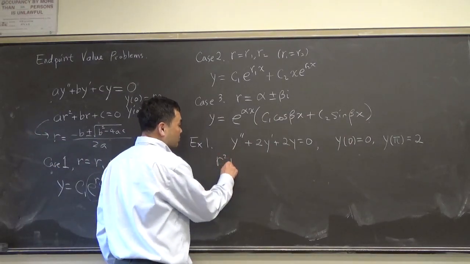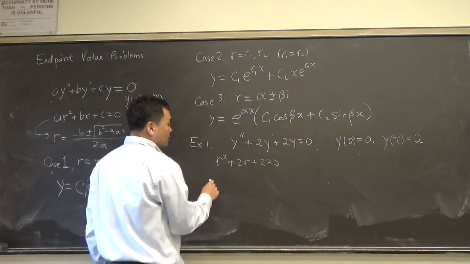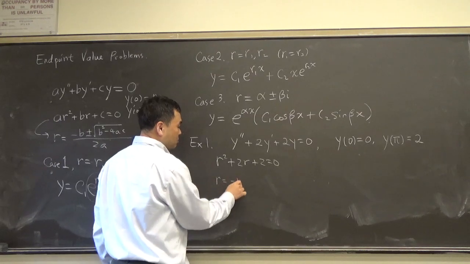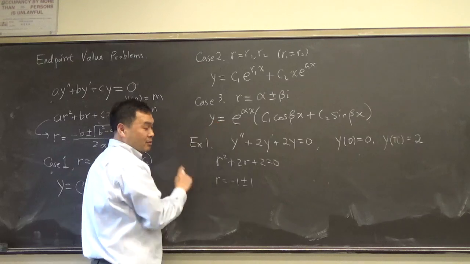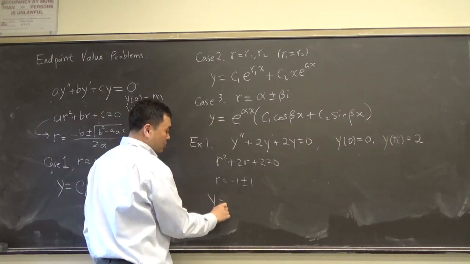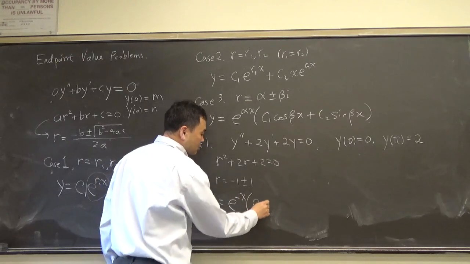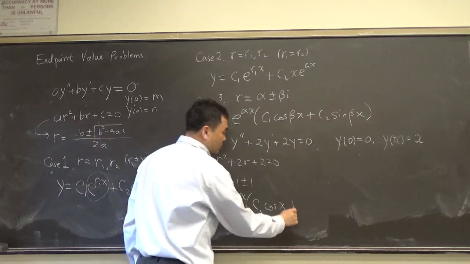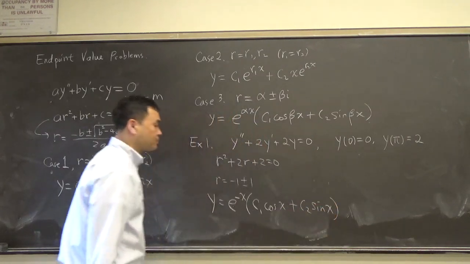r squared plus 2r plus 2 equals 0 as before. If you solve this, you get r equals negative 1 plus or minus i. So according to this third case, your y would be e to the negative x times c1 cosine x plus c2 sine x.